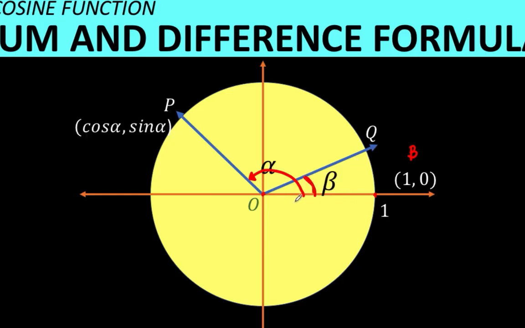That means if the measure of angle POB is alpha, then the coordinate of point P is (cosine alpha, sine alpha). And if the measure of angle QOB is beta, then the coordinate of point Q is (cosine beta, sine beta).